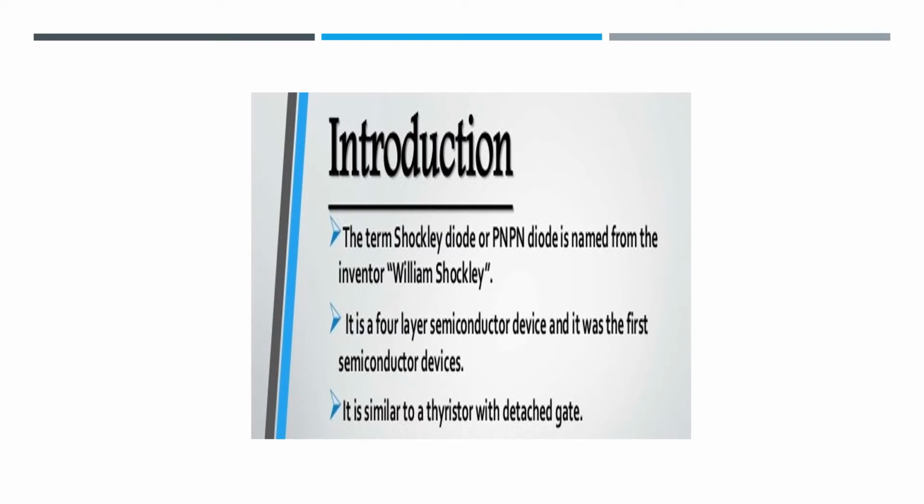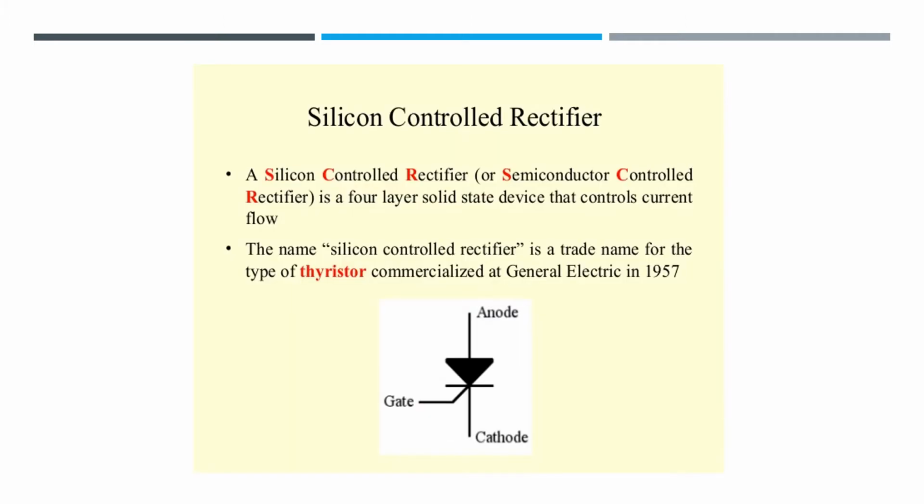Actually, the term Shockley diode, a PNPN diode, is named after its inventor William Shockley. It is a four-layer semiconductor device, and it was the first of its kind. It is similar to a thyristor with a detached gate.